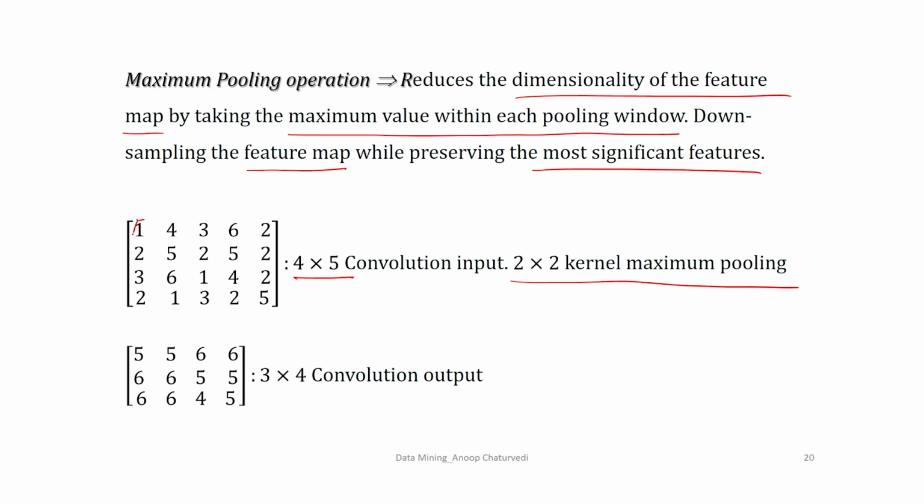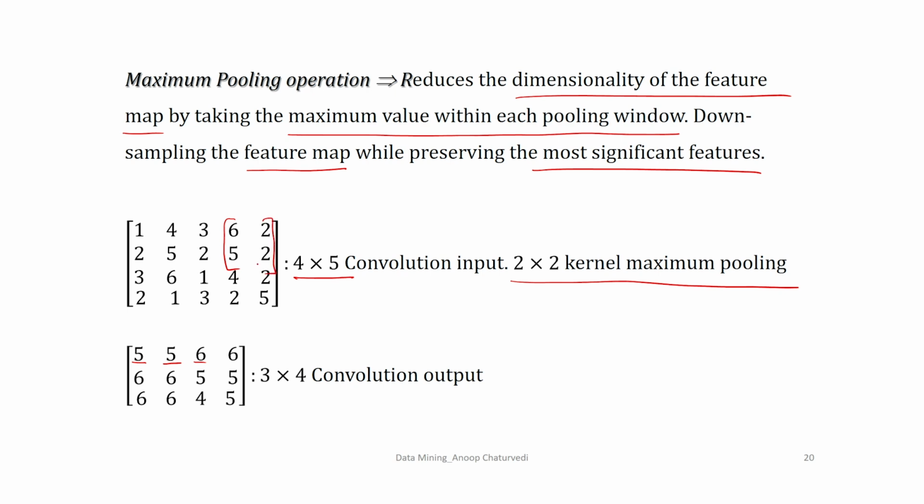So, we consider this window first. Maximum of this window is 5. So, we get 5 here. Then we move to the next window. We are considering the case of stride 1. Again the maximum is 5. So, we get 5 here. Then we move to this window. Now, the maximum is 6. So, we get 6 here.